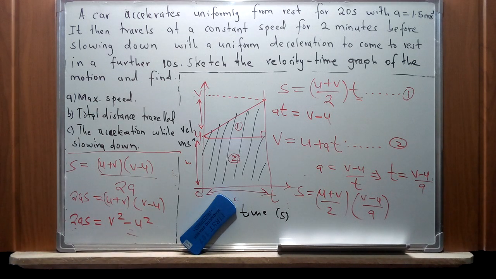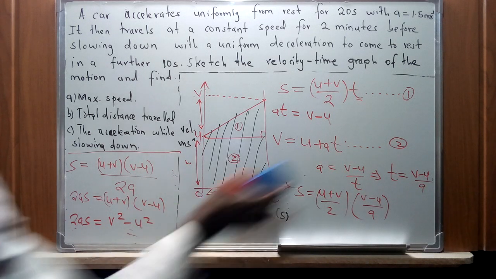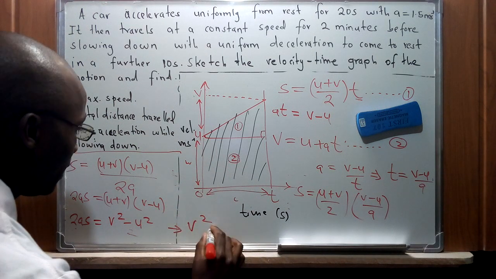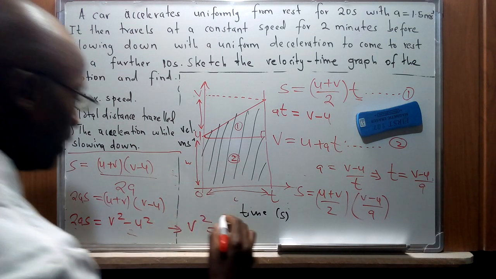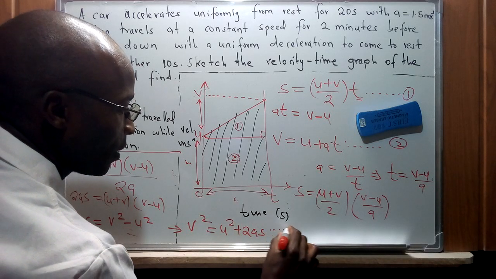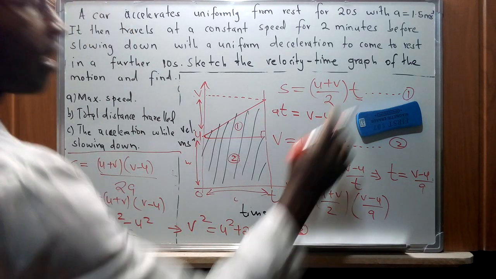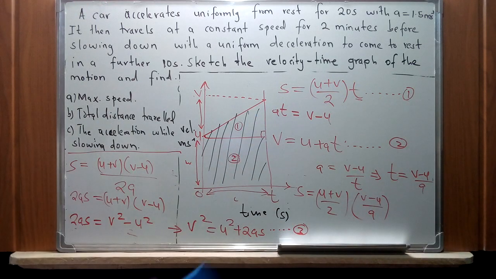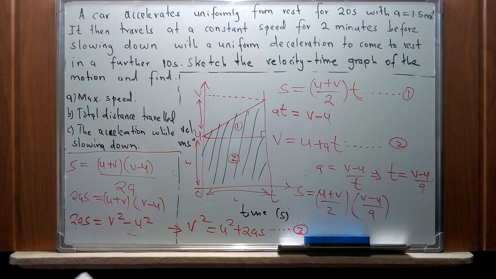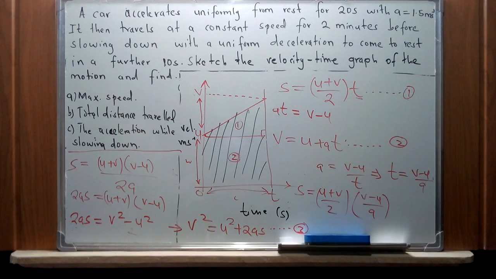So this one we can make v squared the subject of this formula, and then say v squared is equals u squared plus 2as. So this one will form our equation number 3. The first one for displacement, the second one for final velocity, and the third one for the square of final velocity. So we have those 3 sets of equations of motion.